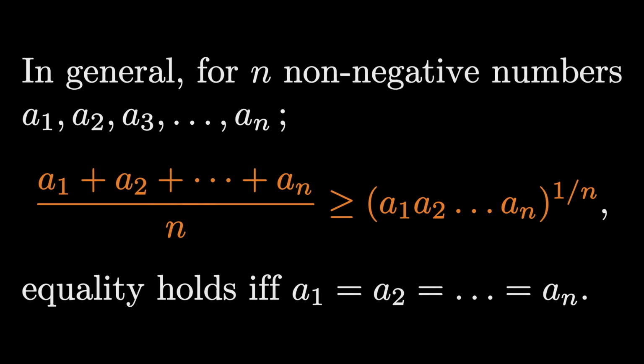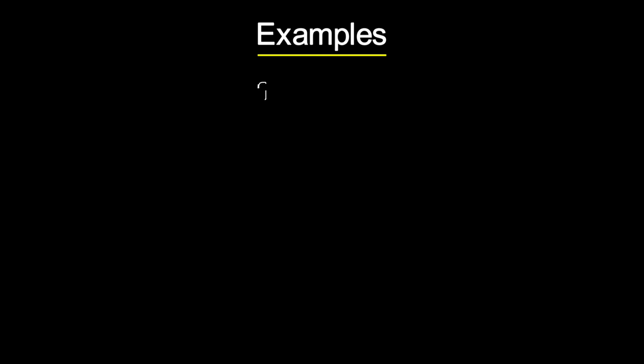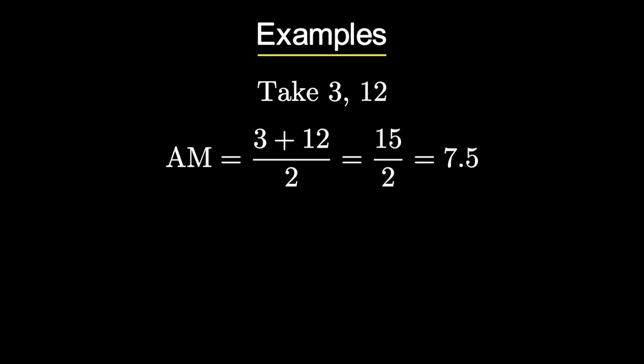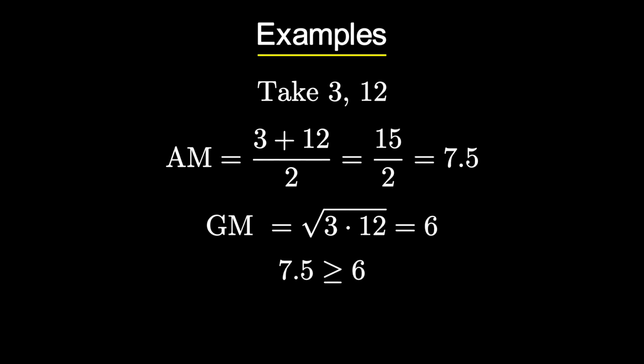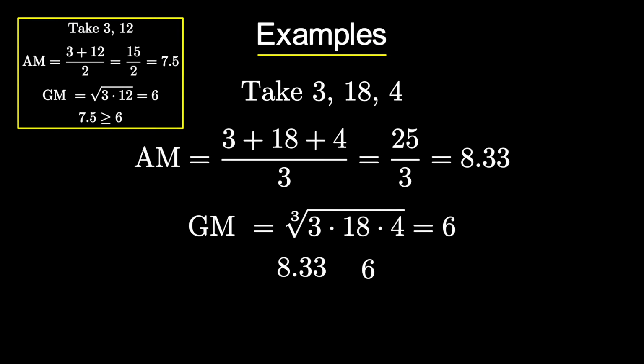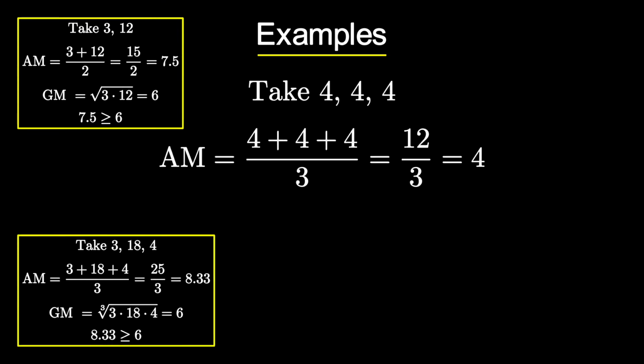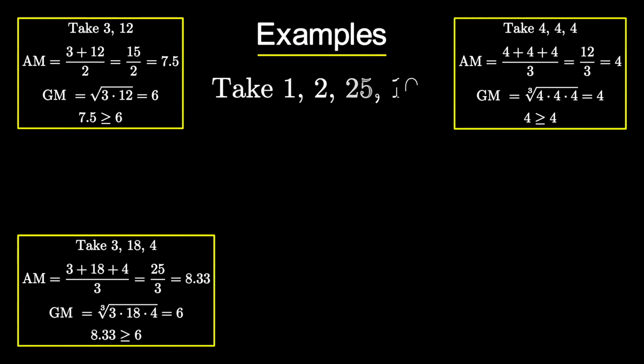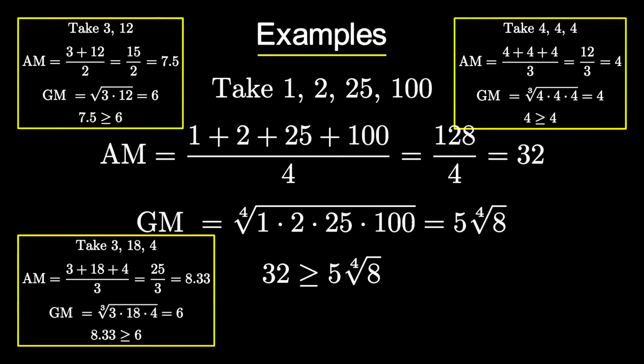Let's see the AM GM inequality at work in these examples. In all of these examples, we see that the arithmetic mean of non-negative numbers is greater than or equal to their geometric mean. So we guess that the AM GM inequality is a valid result for all non-negative real numbers.